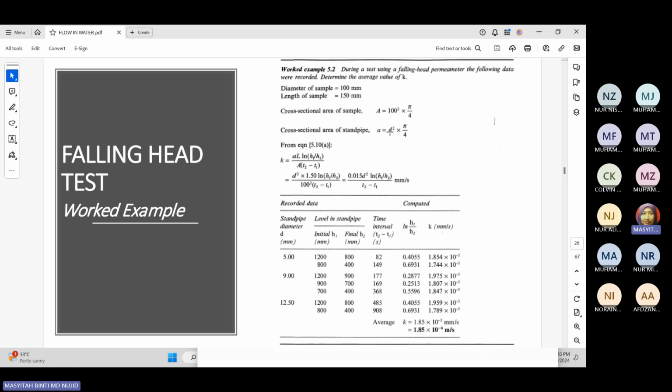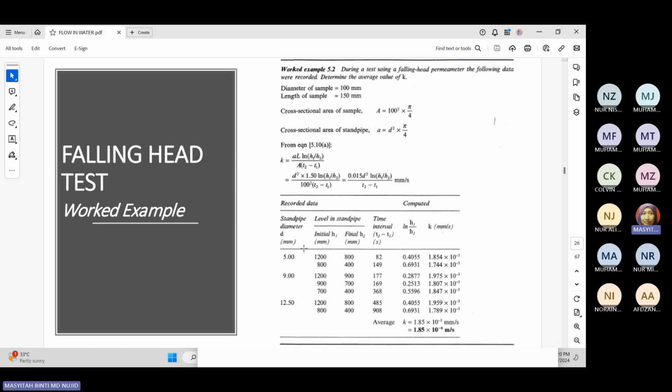Because as I told you earlier, for the falling head test we want to know the permeability of fine grain soil by measuring the water flow through different sizes of standpipe. There is a large diameter standpipe, a medium diameter standpipe, and a smallest diameter standpipe. So that's why they put D here. If you have 3 different standpipes, possibly different sizes of D.